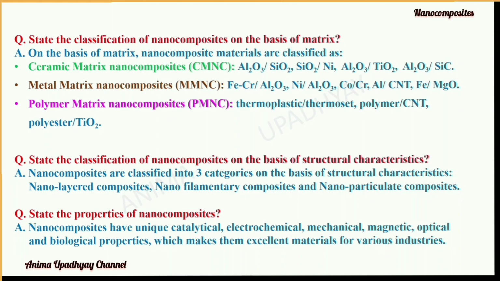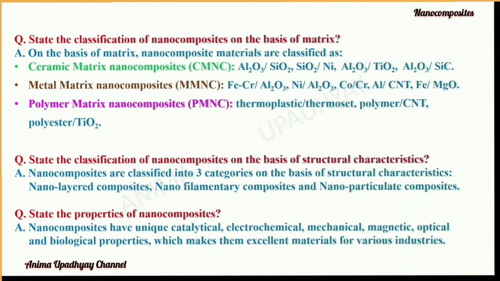And the examples are given here in the slide. Please go through the examples of each matrix nanocomposite. State the classification of nanocomposites on the basis of structural characteristics. On the basis of structural characteristics, they are classified into three types, that is nanolayered, nanofilamentary, and nanoparticulate composites.